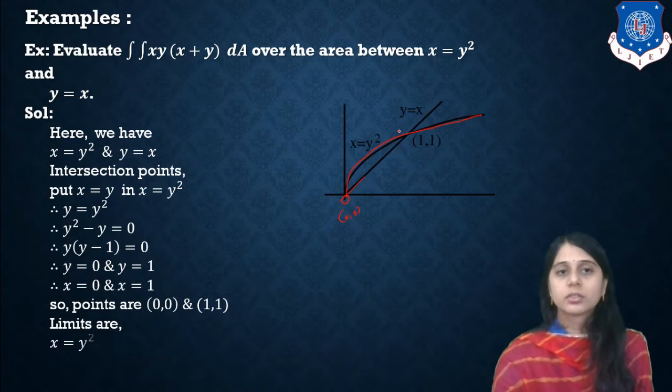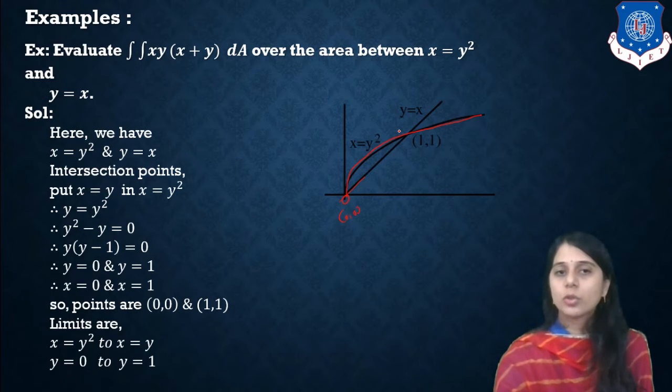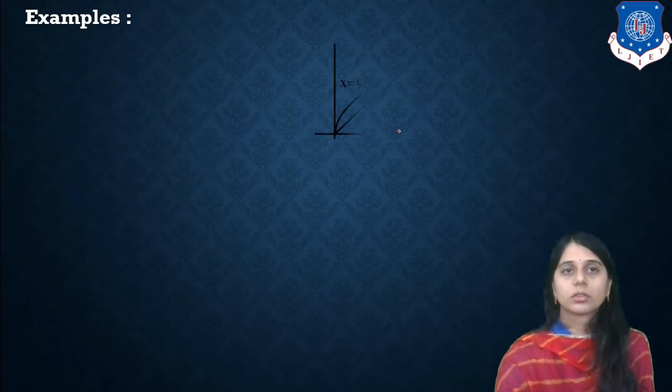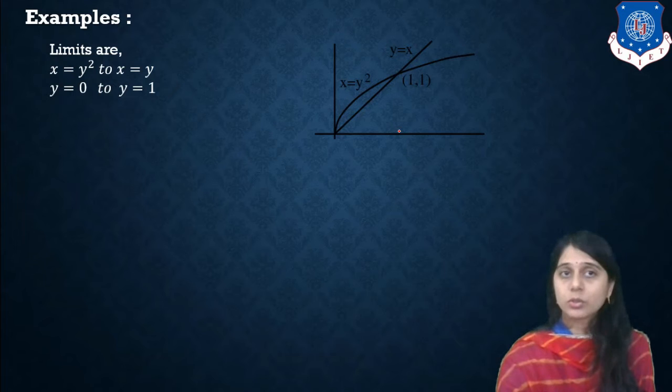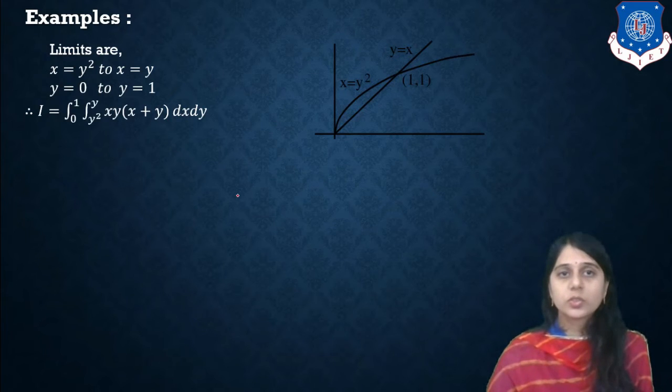Now the limits are x equal to y square to x equal to y, with y equal to 0 to 1. The limit of y, 0 to 1, is fixed, so the dy limit is fixed.